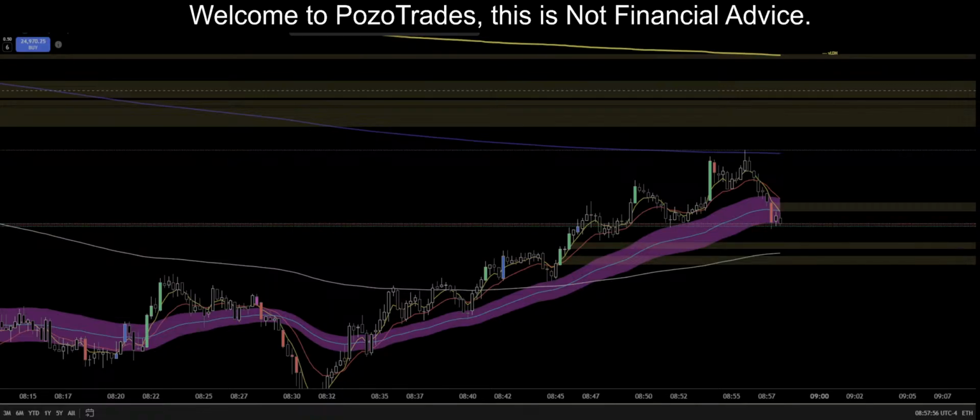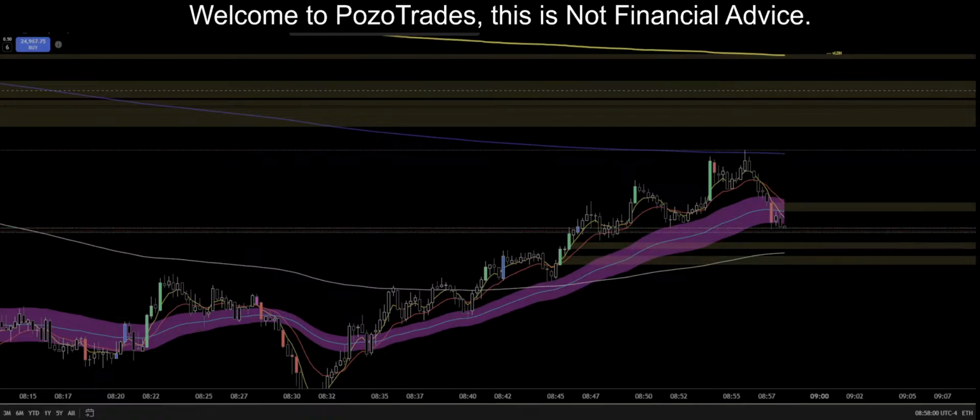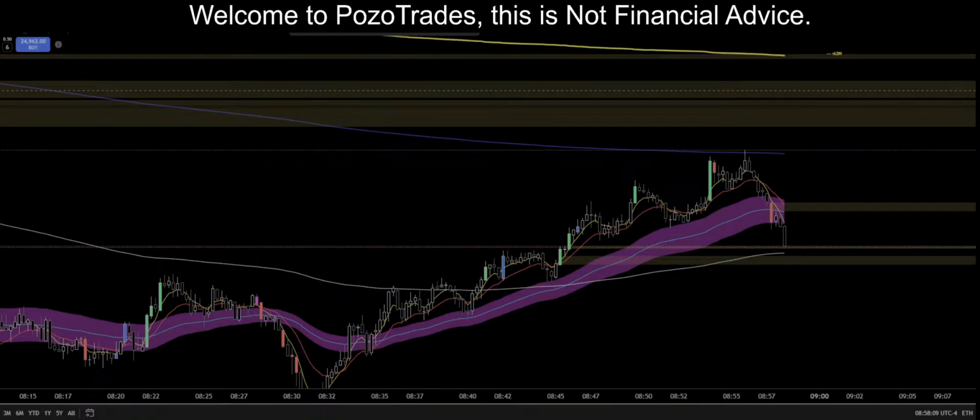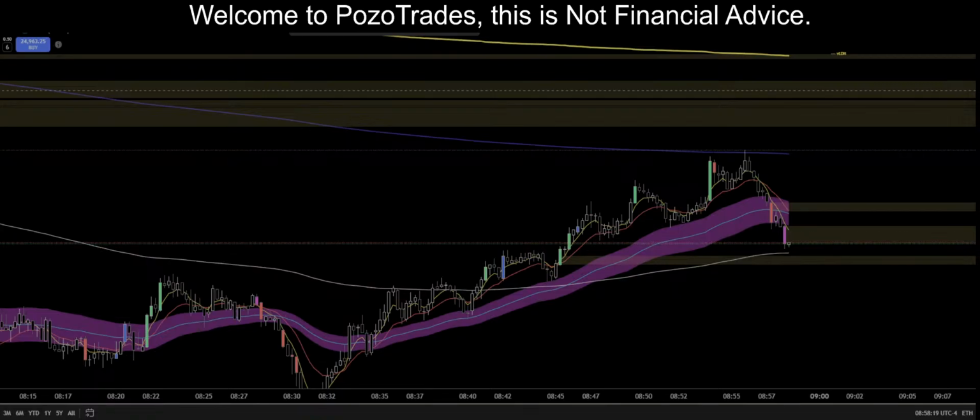But what they also did is they removed, let me see, so now the largest account size you can get is 150,000, which used to be like 300. But the intraday trailing accounts are like $17 right now for a 25K.